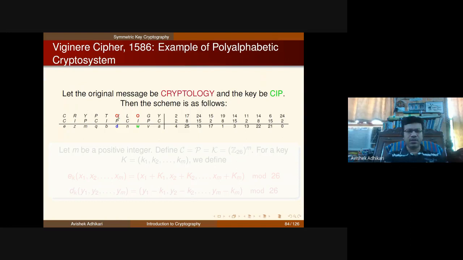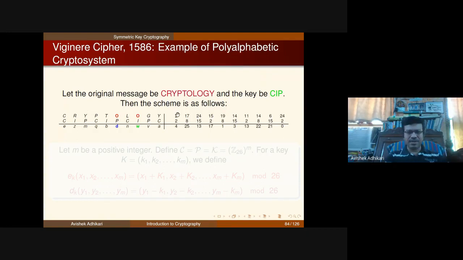For this O, I have P. For this O, I have L. As a result, for this O I get D, and for this O I get W. That means O goes to different alphabets. So this is not monoalphabetic; this kind of cryptosystem is known as a polyalphabetic cryptosystem.